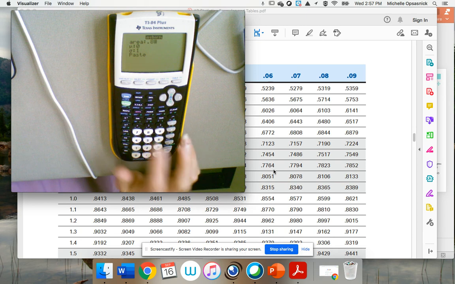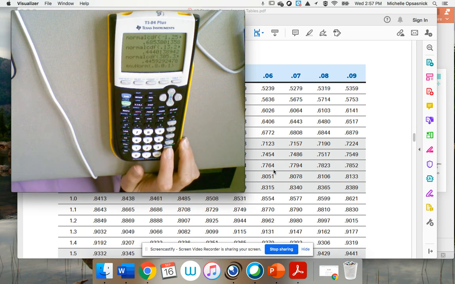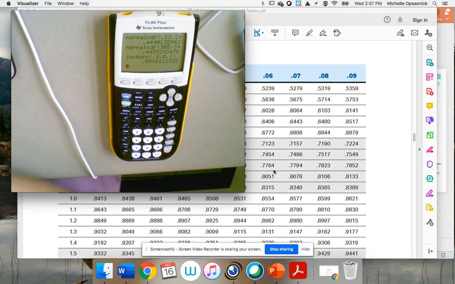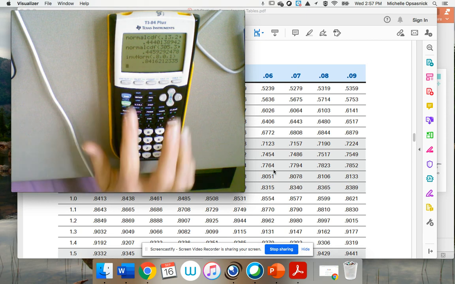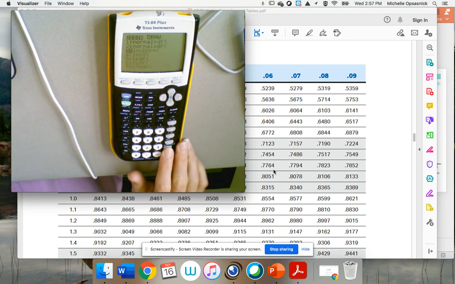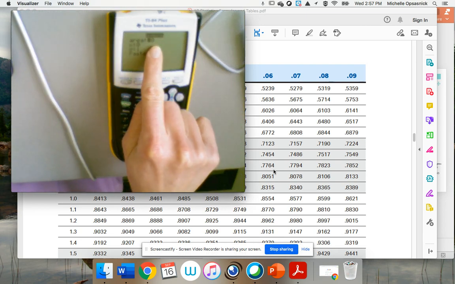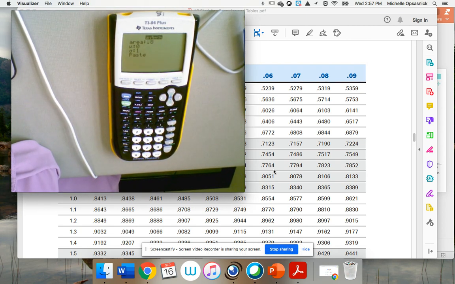So I said 80th percentile, so 0.8, 0 and 1 for mu and sigma. I get my z-score is 0.8416. If you have a color edition calculator, when you pull up inverse norm, it's going to ask you for area, and then some of you have a left, right, center option.